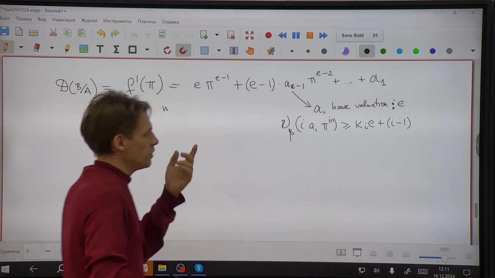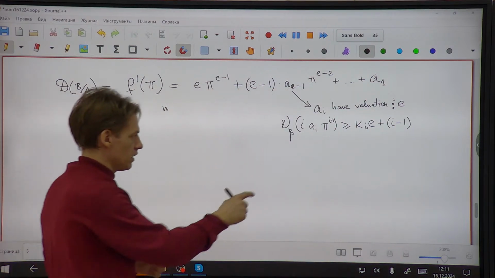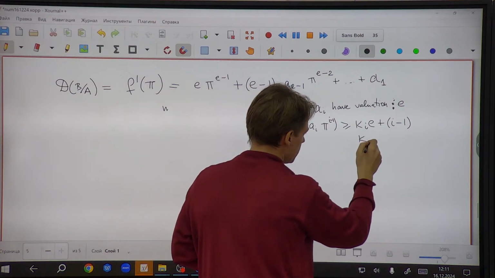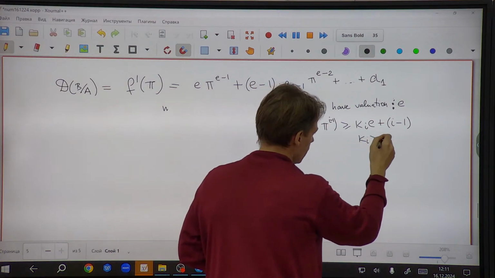So you see that these KI are strictly bigger than 0.